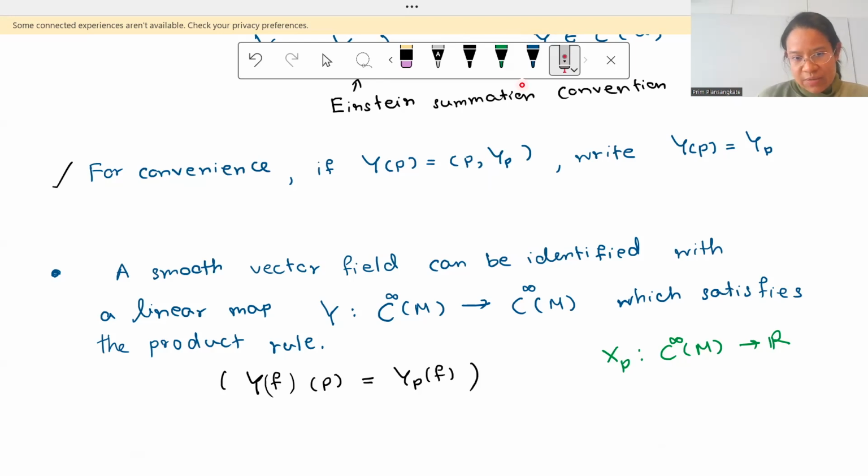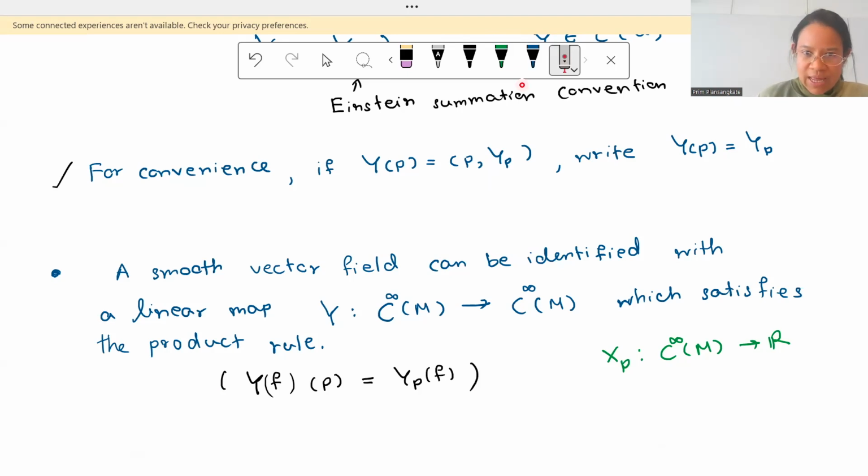We say that the vector field acts on a smooth function and gives you a function. This function evaluated at a point p is a real number, and it is the same as taking the value of the vector field at p, which is the tangent vector, and acting on this function.